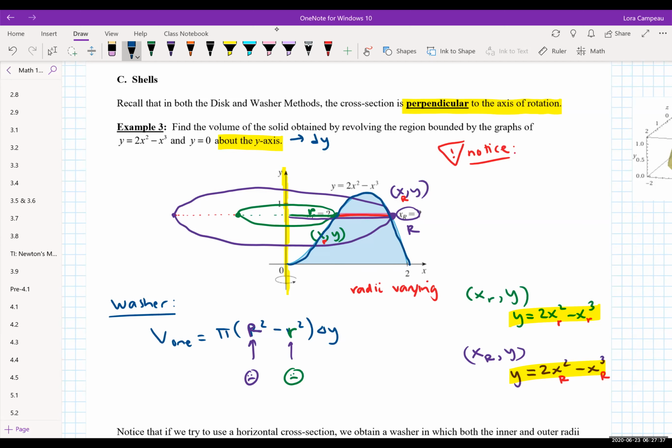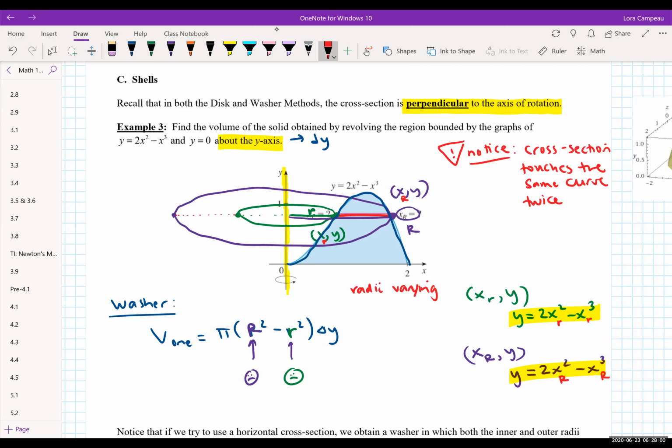So it ran into each other. So the cross-section here touches the same curve, our same function, twice.